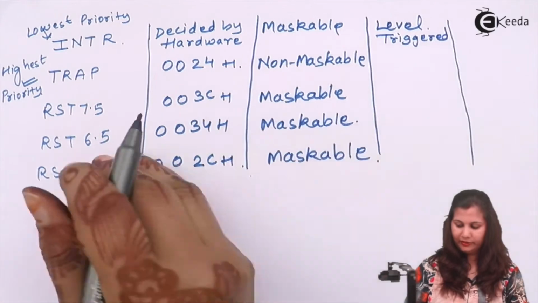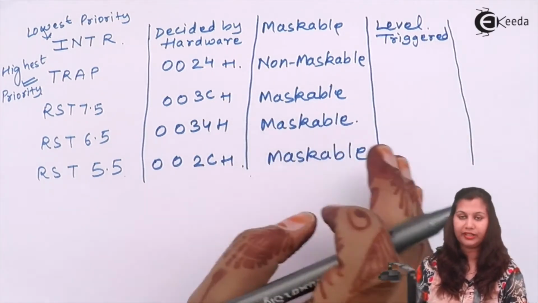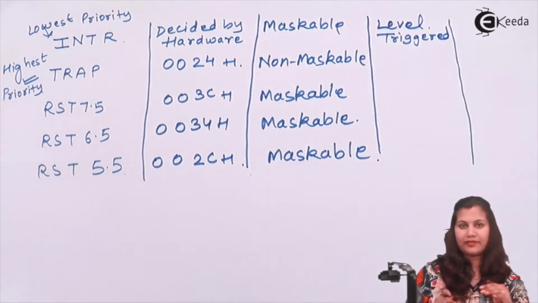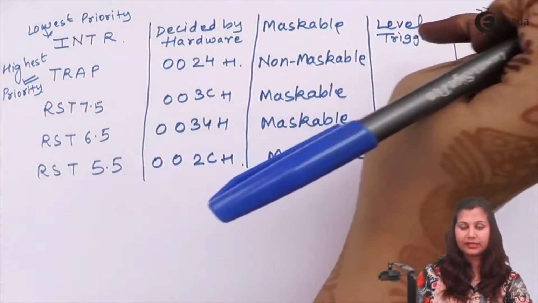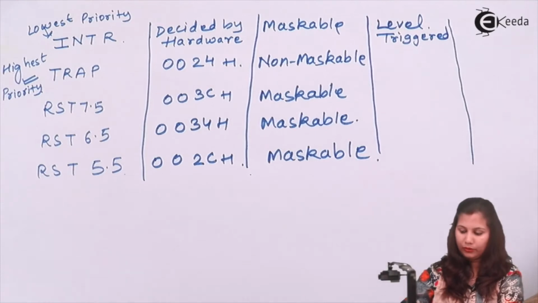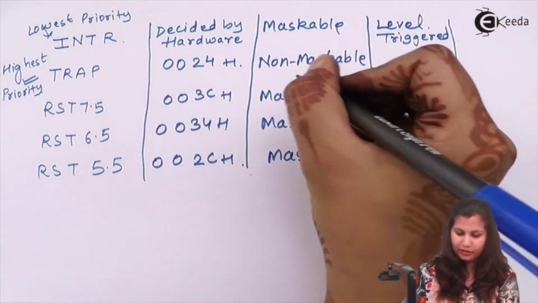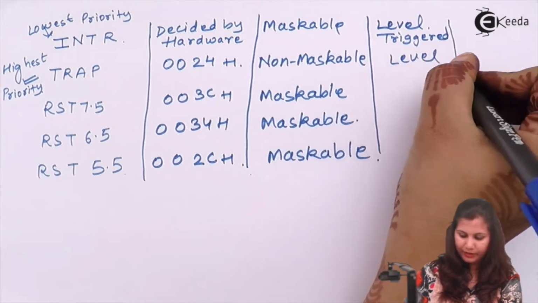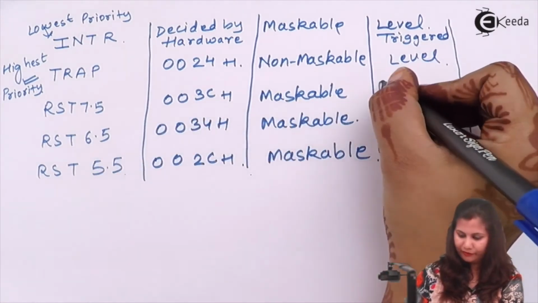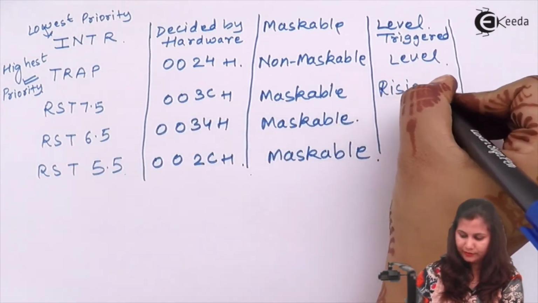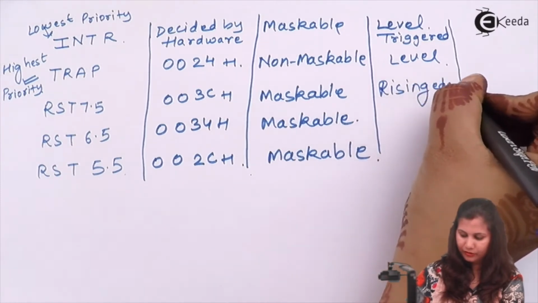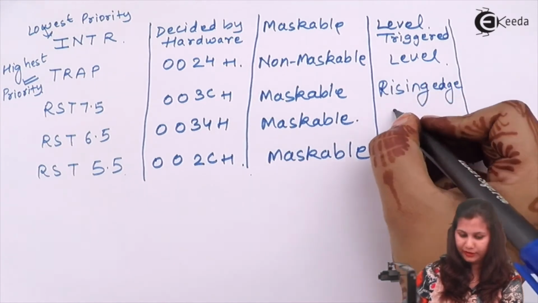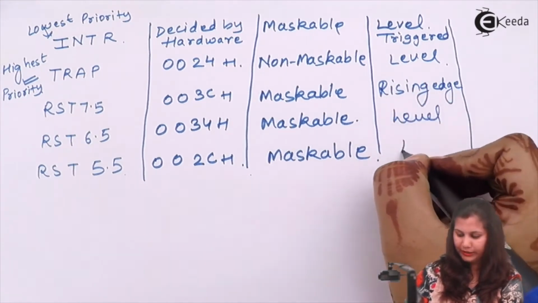Triggering, we will study later on how they are triggered according to the clock pulse. When the clock pulse level comes, then this interrupt will be on. Okay, so this is level triggered. Trap is also level triggered. Then RST 7.5 is rising edge triggered. Edge triggered interrupt, and 6.5 and 5.5 are both level triggered.